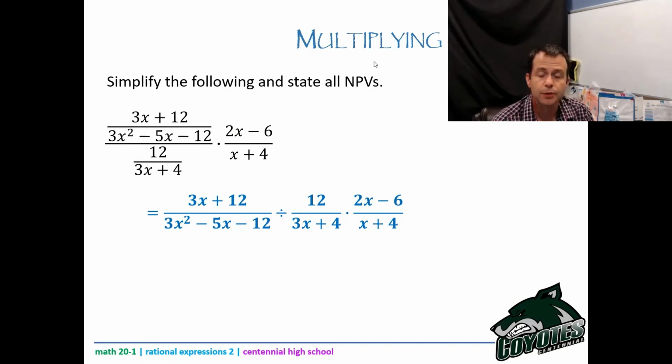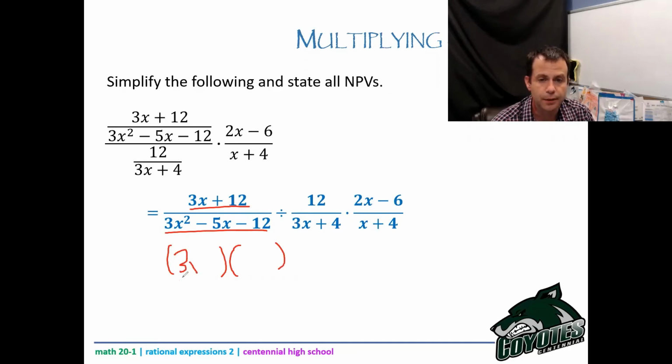All right, so now I'm ready to factor. This guy here, I can take out the 3, and I'd be left with x plus 4. This guy down here, I'd be looking for two numbers that multiply together to give you negative 36 and add together to give you negative 5. Okay, so those numbers would be negative 9 and positive 4.